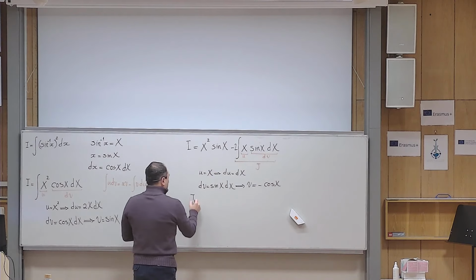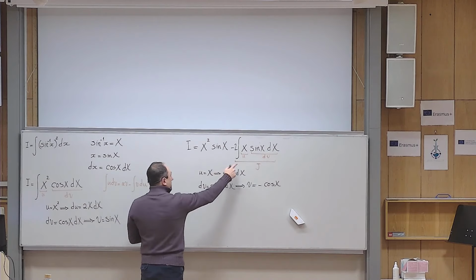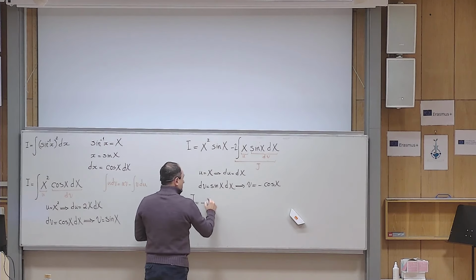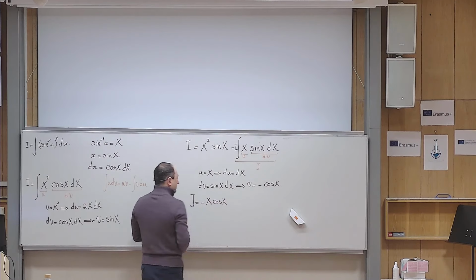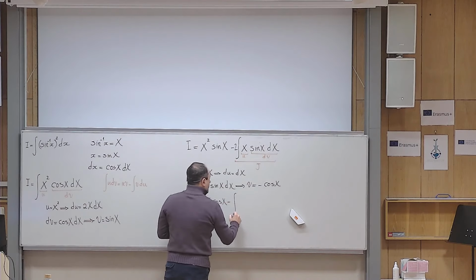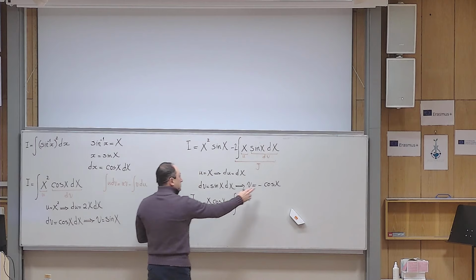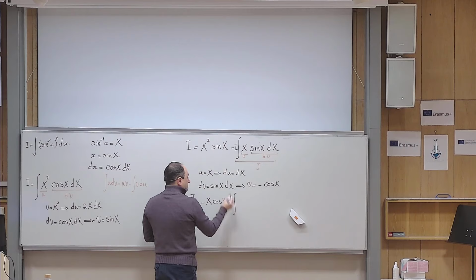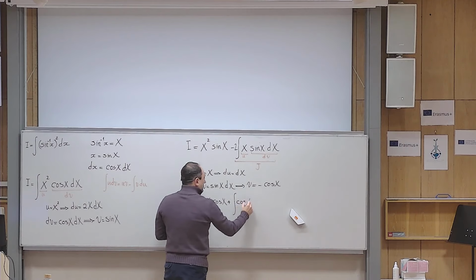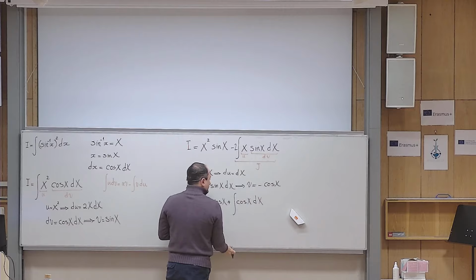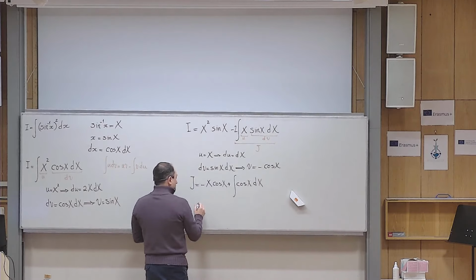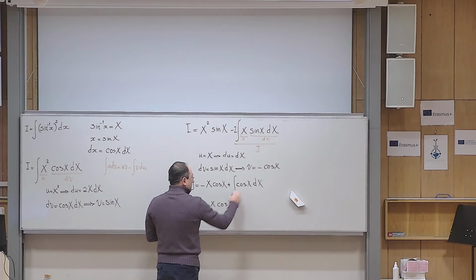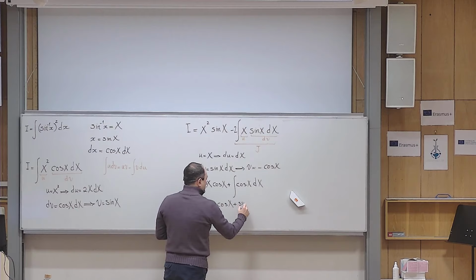So the integral J is uv, which becomes minus X cosine X, and then minus the integral of v du. This is my v, this is my du, but there is a minus sign here, I pull it out, so it becomes plus the integral of cosine X dX. I go one step more, so I copy the first term, and the integral of cosine is simply sine.